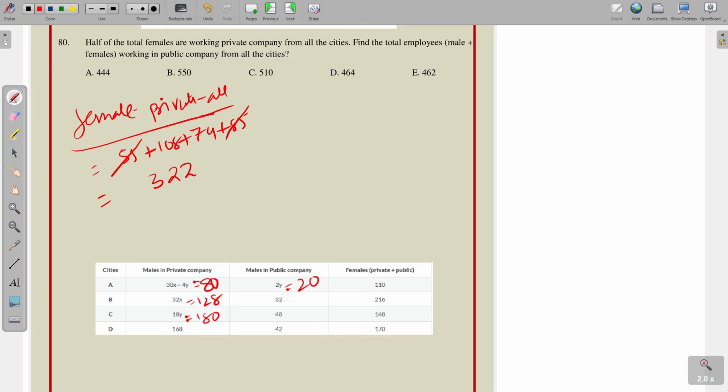It is the female private total. In the same way, female public, half female private means half female public, 322.